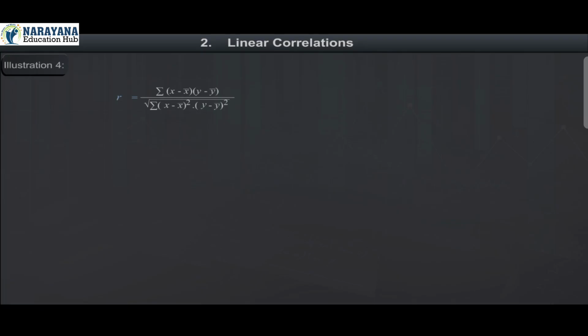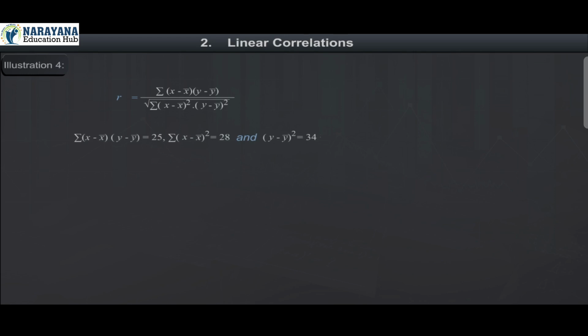R is equal to sigma x minus x bar into y minus y bar divided by under root sigma x minus x bar whole square into under root sigma y minus y bar whole square. Here sigma x minus x bar into y minus y bar is equal to 25.